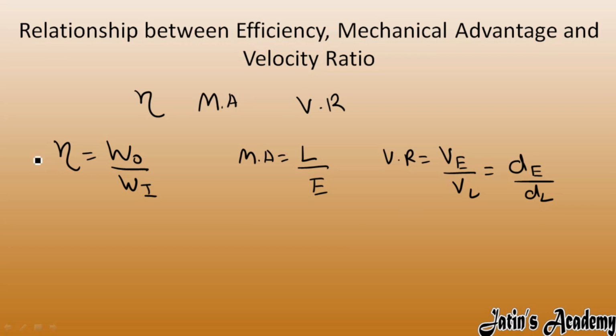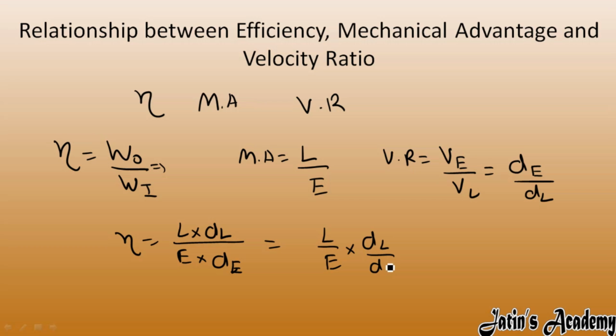Now we know efficiency is work output over work input. Work output means load into displacement of load, and work input means effort into displacement of effort. Now carefully see, load upon effort, just separate the displacement of load over displacement of effort.